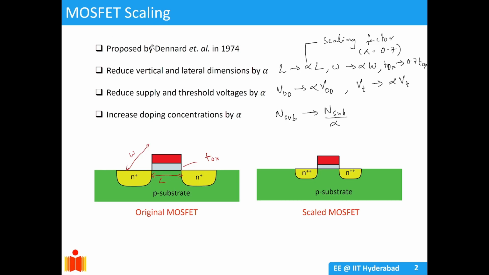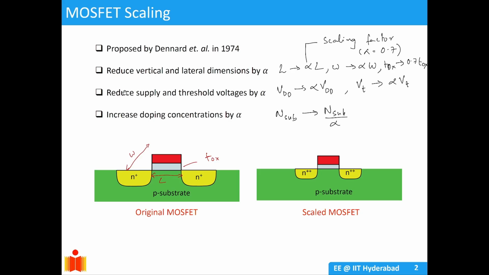Scaling was first proposed by Dennard et al. in 1974. The concept is to reduce vertical and lateral dimensions by alpha. That is, length L to alpha L, W to alpha W, and Tox to alpha Tox.